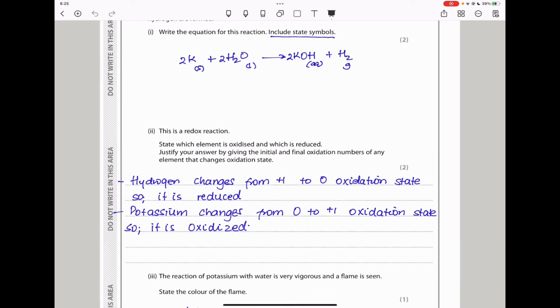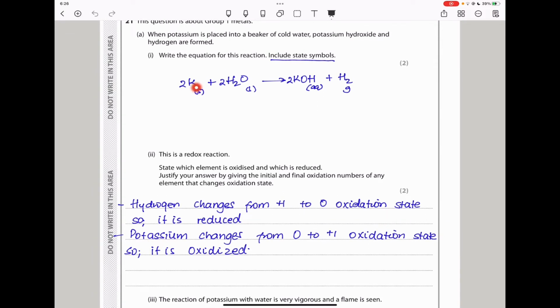The next part says this is a redox reaction, and they want us to state which element is oxidized and which is reduced, and they want us to justify our answer by giving the initial and final oxidation numbers of any element that changes oxidation state. When we observe here, we can see that this potassium is a solid, and it's converted into an ion, so that means potassium is being oxidized as its oxidation state is moving from 0 to +1.